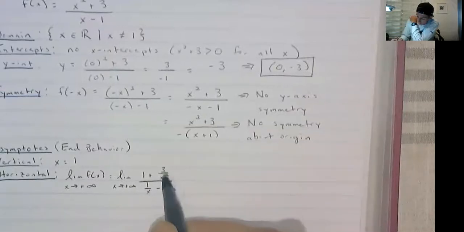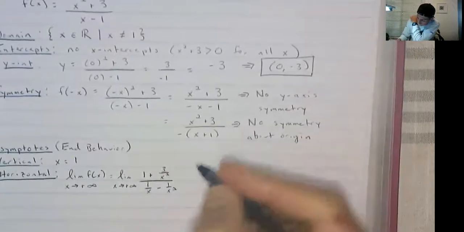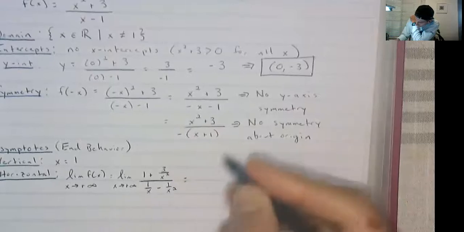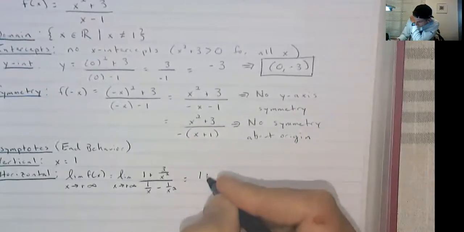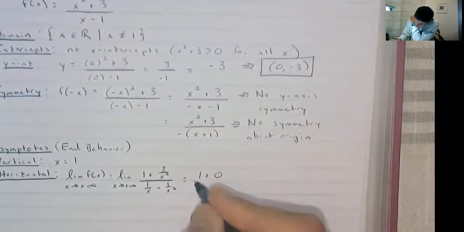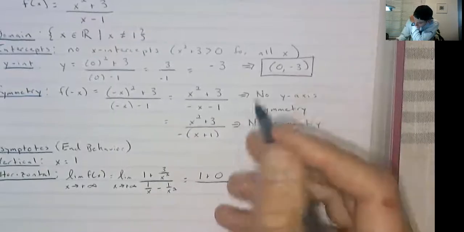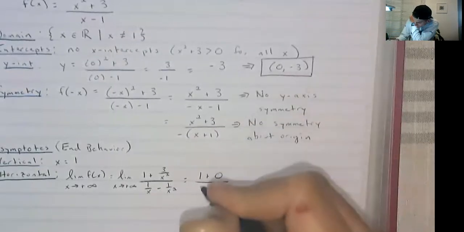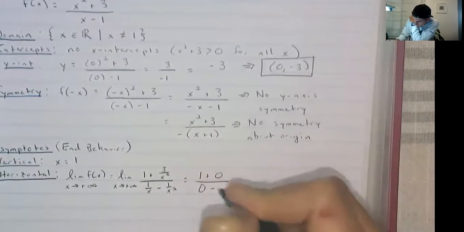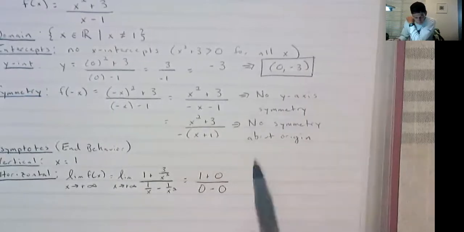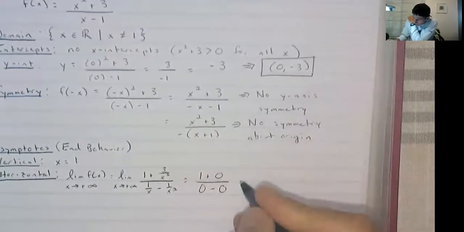So that's going to be 0, that's 0, that's 0. This turns into 1 plus 0 over 0 minus 0. So the top becomes 1.